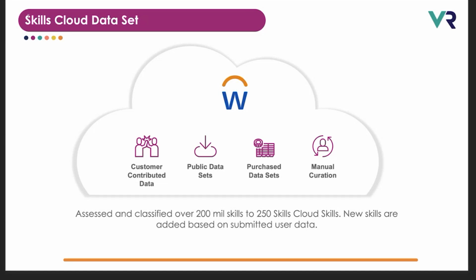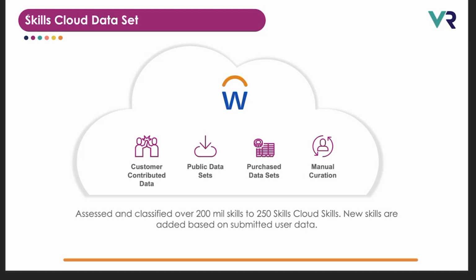So when a skill has met a certain threshold, whether that is the number of different customer tenants that the skill is maintained in as a maintained skill, or the number of uses on an employee profile across all of the different customers, when they meet certain criteria, those skills get sucked into the Skills Cloud list of skills.